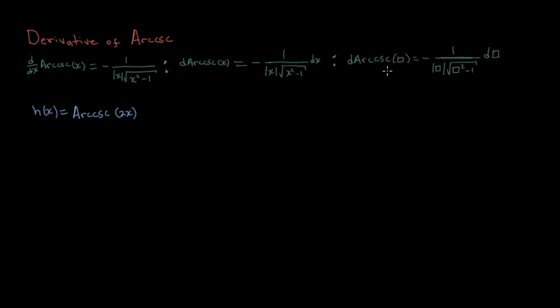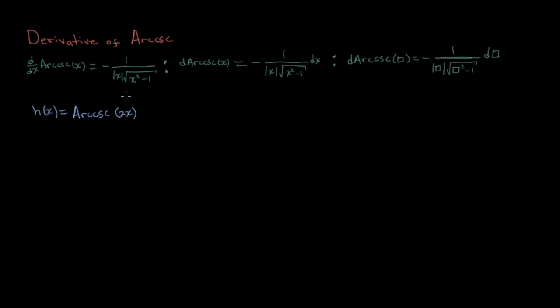In other words, the derivative of an arccosecant of whatever is in the arccosecant bracket, we'll call it box here, is equal to negative 1 over the absolute value of whatever is in that argument, whether it's x, y, x squared, tan, whatever, times the square root of that argument squared minus 1, times the derivative of that argument. So to demonstrate that, let's look at an example.